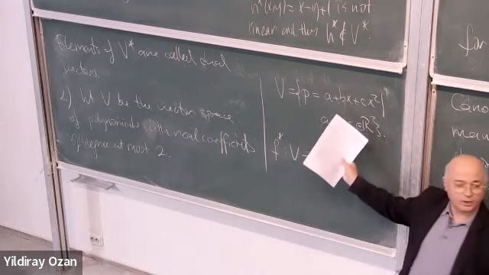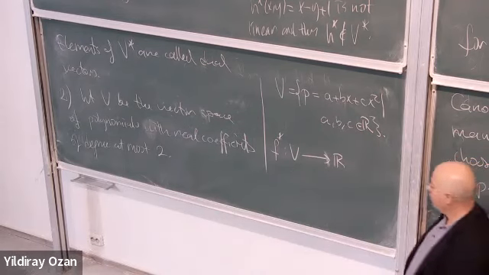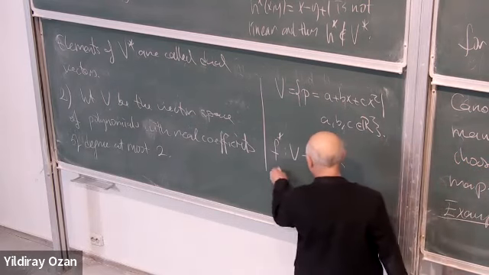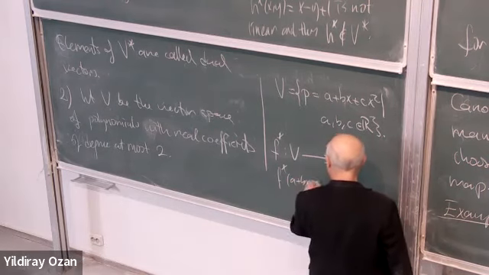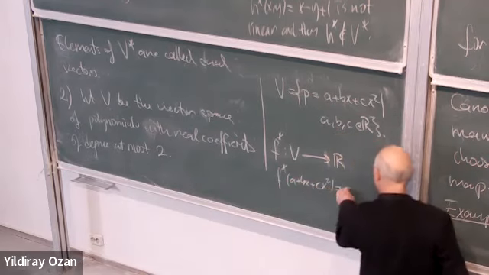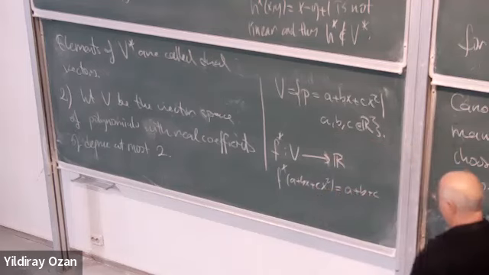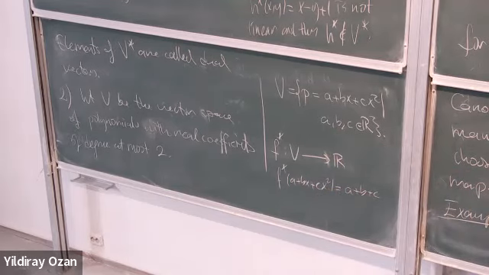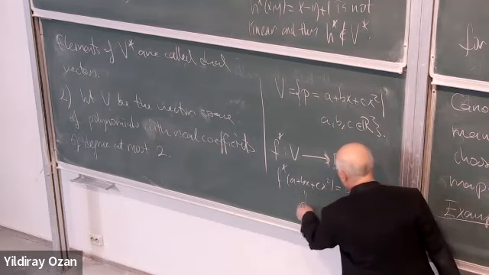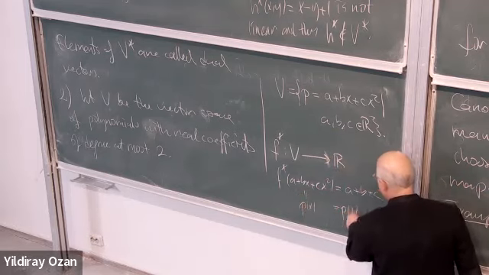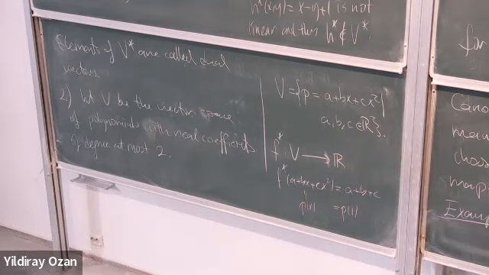So p is mapped to a plus b plus c. Just send it to the sum of its coefficients. We may also think of it this way: if this is p(x), this is just p(1), right? Evaluation map. You just evaluate the polynomial at 1, right?